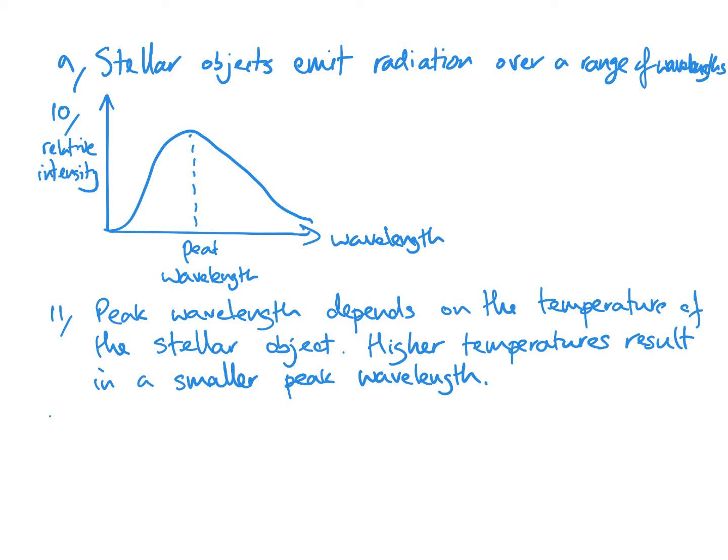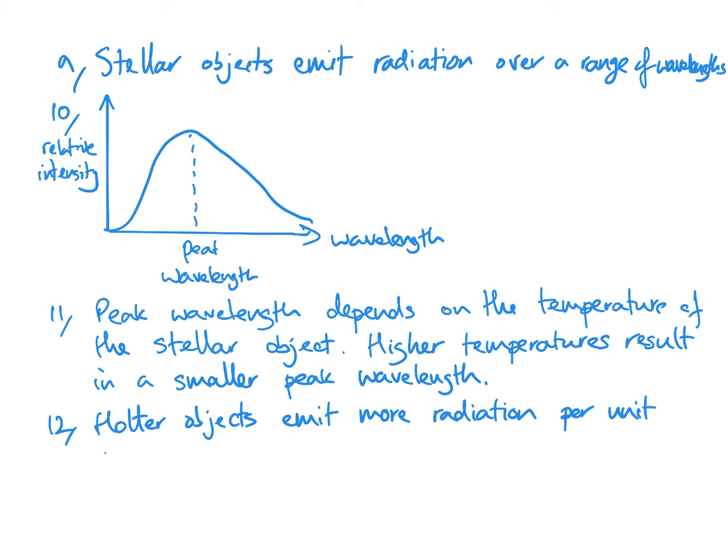And the other thing I want to state about this graph, right, is as well as having a different peak, hotter objects emit more radiation per unit surface area at all wavelengths.